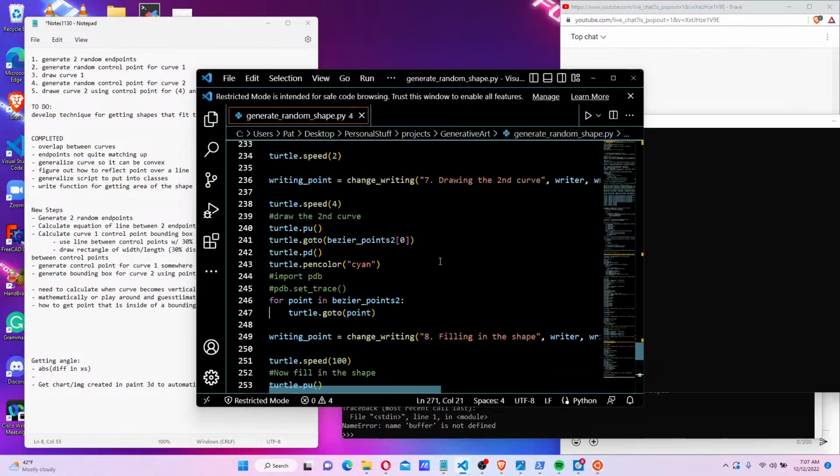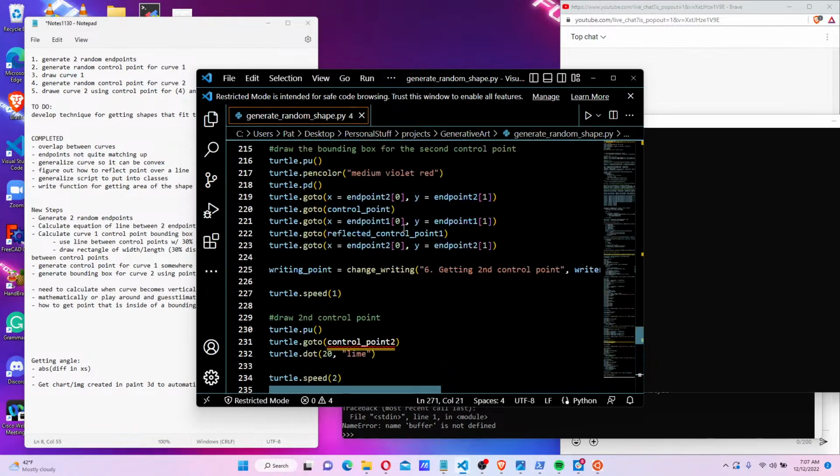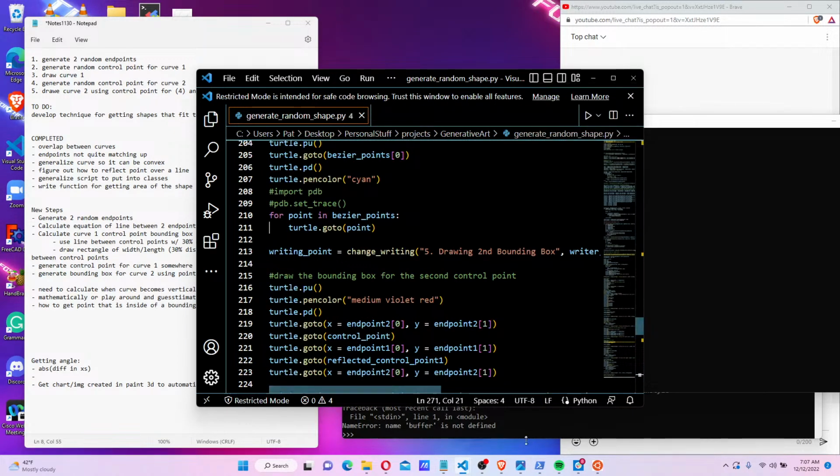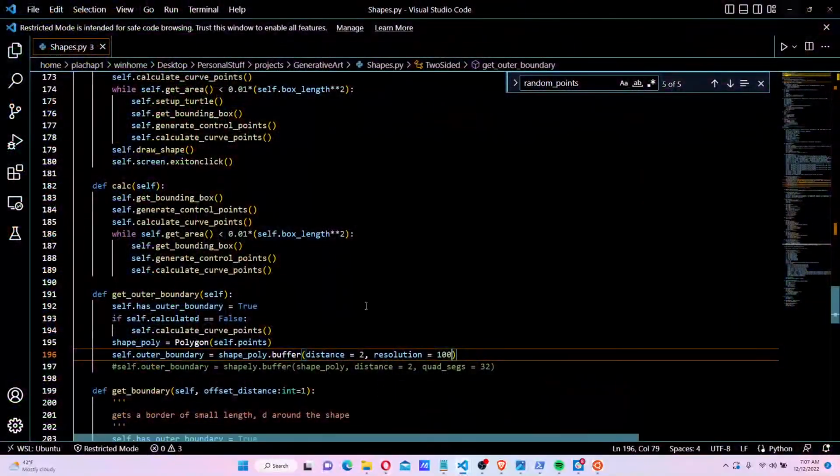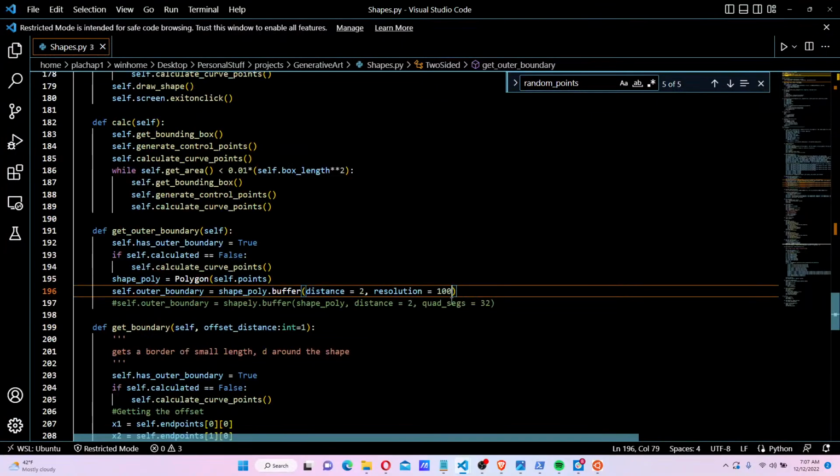Okay, and real quick, I'm going to try to change this to 1 again. Distance should be 1.